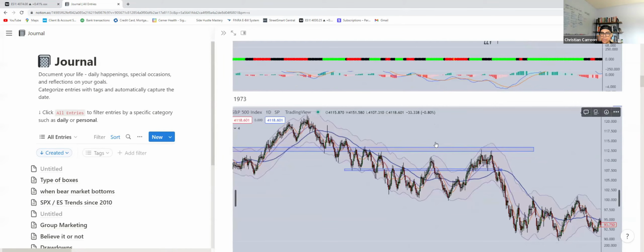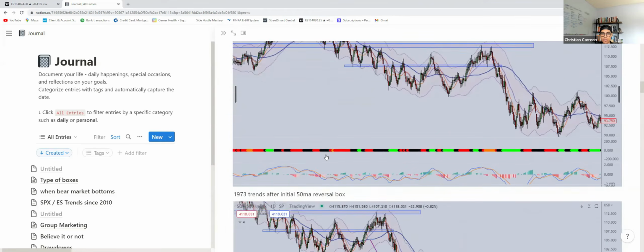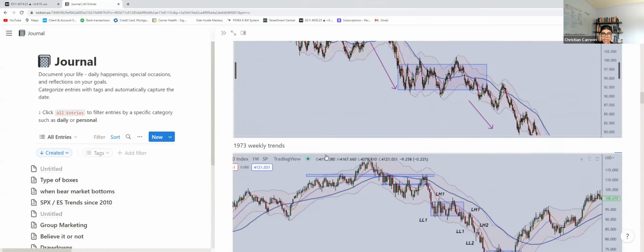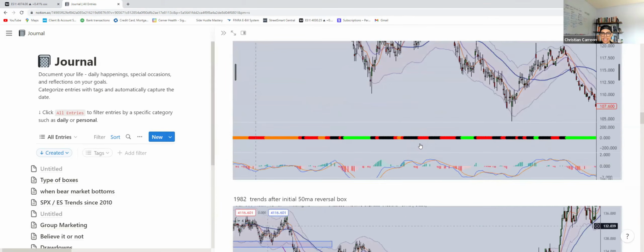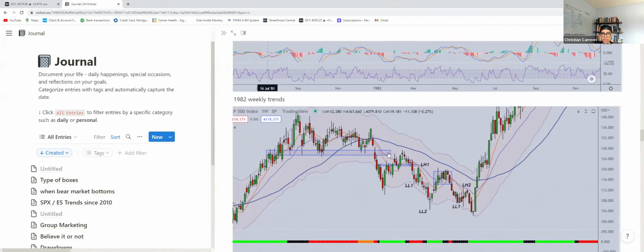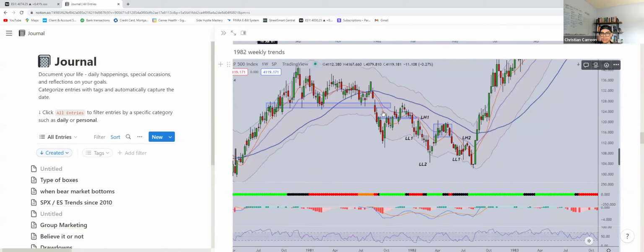Here's the 1973 bear market. Let's go to the weekly chart. It's this one. We had a downtrend. We broke the previous swing high, downtrend, and guess what? We bounced into the weekly 50 MA, right? That was 1973. Let's go to 1982. We broke the previous swing high. We had a downtrend. We bounced into the weekly 50 MA.